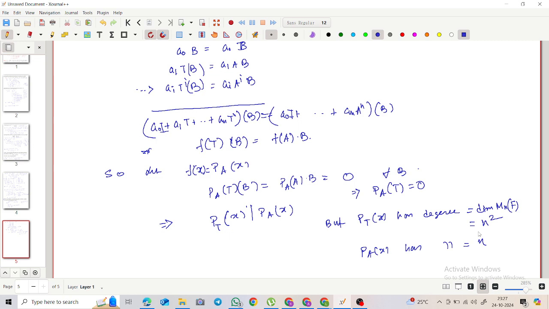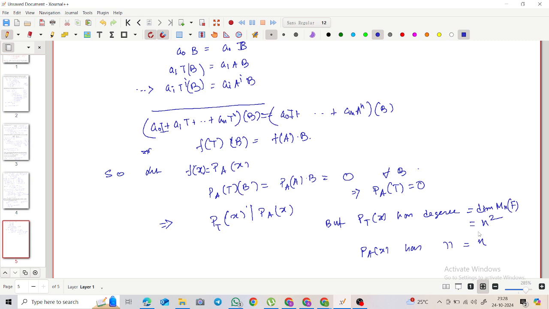Actually, I think I am confused. We should have taken the minimal polynomials, right? Yes, sir, we should have taken the minimal polynomials. But have I defined minimal polynomials in the class?